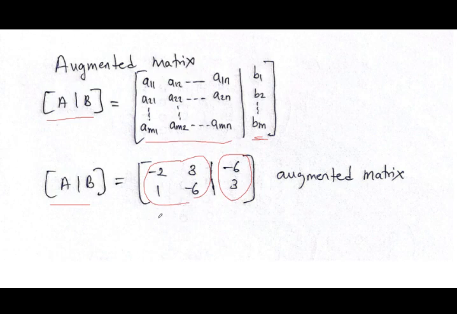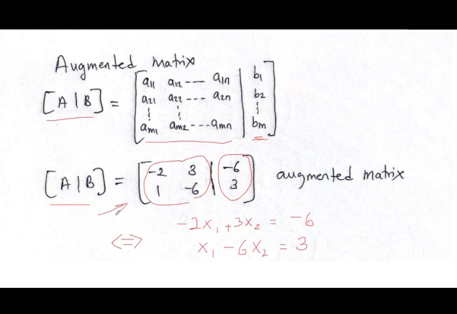In other words, this is equivalent to representing a system: minus 2 times x1 plus 3 times x2 equals minus 6 as the first value on the right-hand side, and then x1 times 1 minus 6 times x2 equals 3. So instead of writing these equations one by one, we can directly use the augmented matrix to represent this problem.